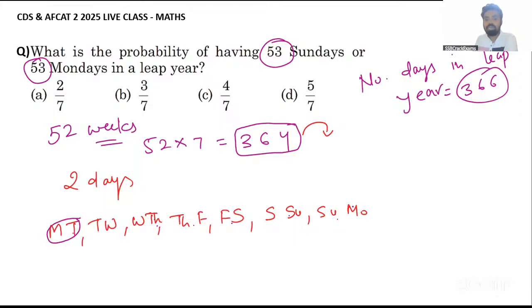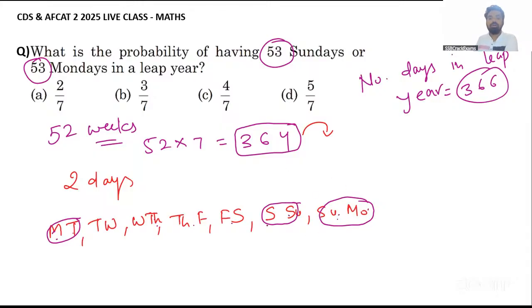Or Sunday can come in this situation. So how many times is Monday or Sunday coming? It is 3 times: either Monday with Tuesday, or Sunday with Saturday, or Sunday and Monday together.